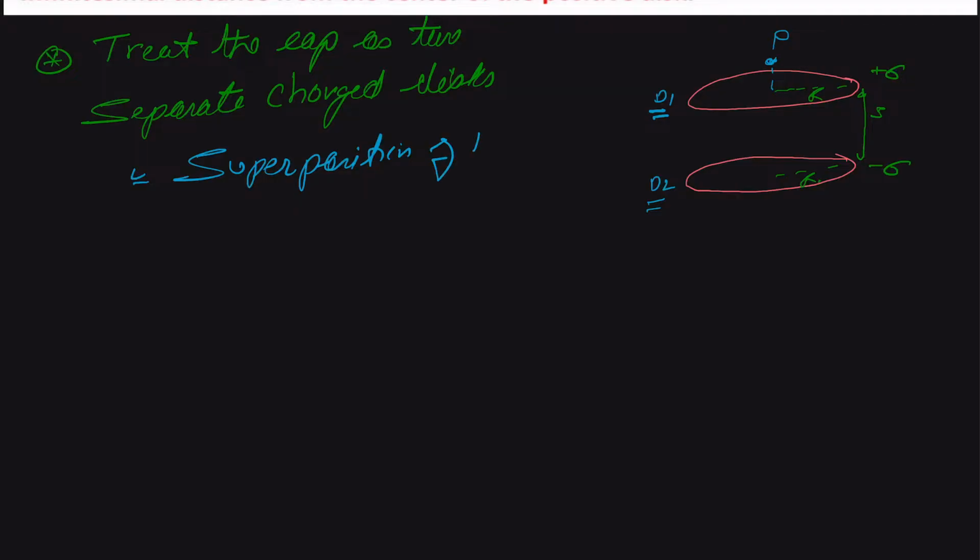From the looks of it, it looks like we have a parallel plate capacitor, but it is much more convenient to take disk 1 (D1) independently and disk 2 (D2) independently, and then use the principle of superposition to get the net electric field at point P.